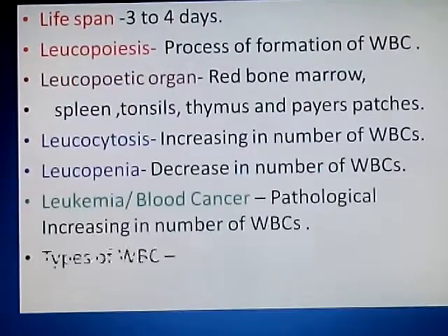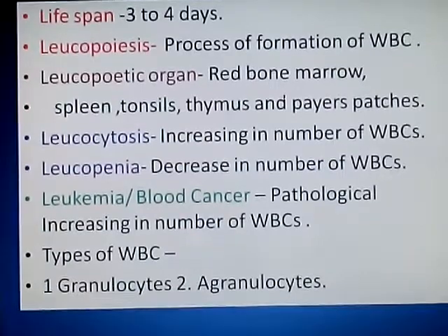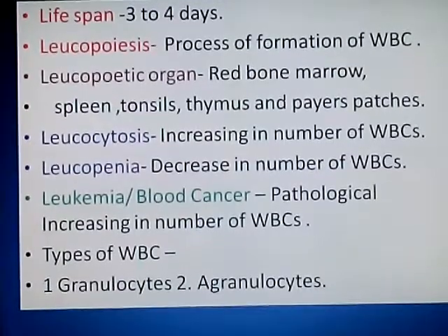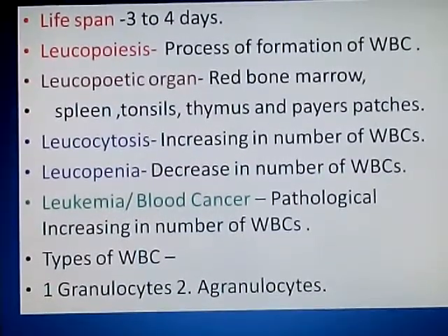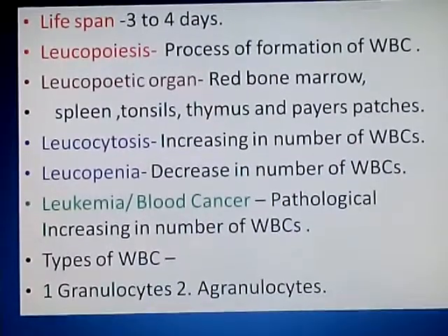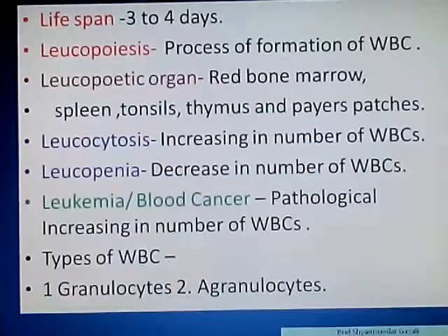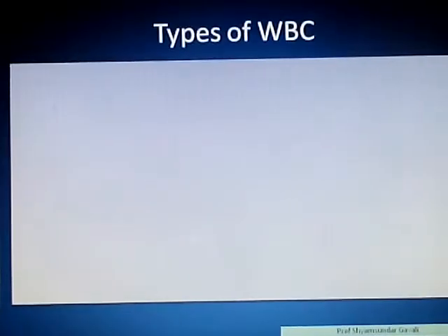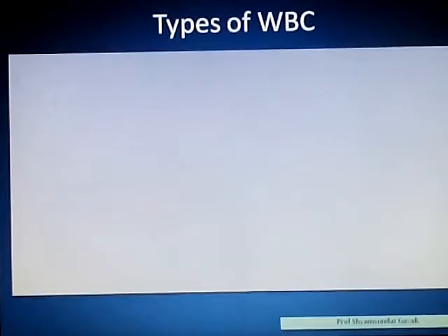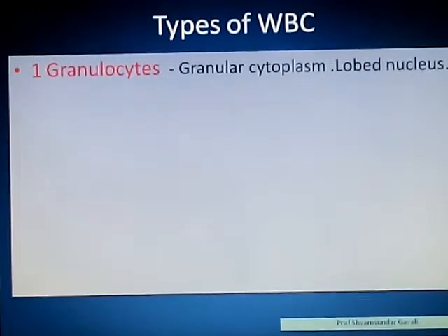These two types of WBC are named as per the presence or absence of cytoplasmic granules. If cytoplasmic granules are present, then the WBCs are called granulocytes.